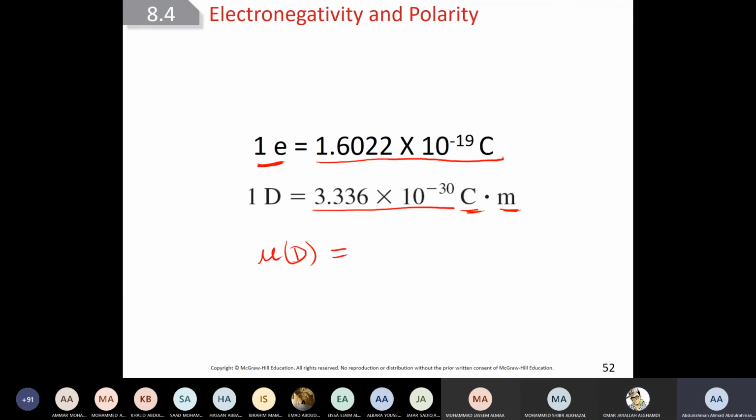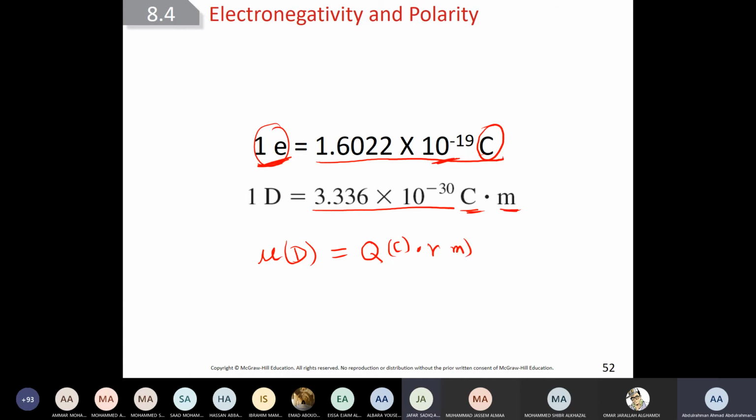What's the unit for Q? Coulomb. Yes, we use C, which is Coulomb, not charge. We will change charge into Coulomb. And then what's the unit for R?